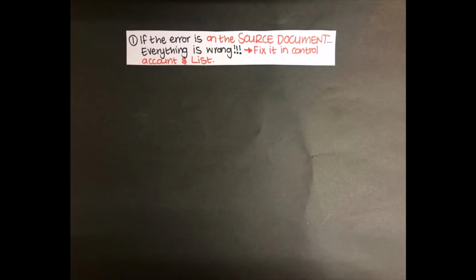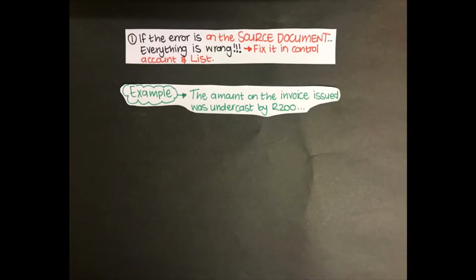Rule number 1. If the error is on the source document, then everything is wrong because the source document is the starting point for the entire accounting process. For example, the amount on an invoice issued to a debtor was undercast by 200 Rand. In other words, the invoice that the accountant used to record this in the DJ was wrong.